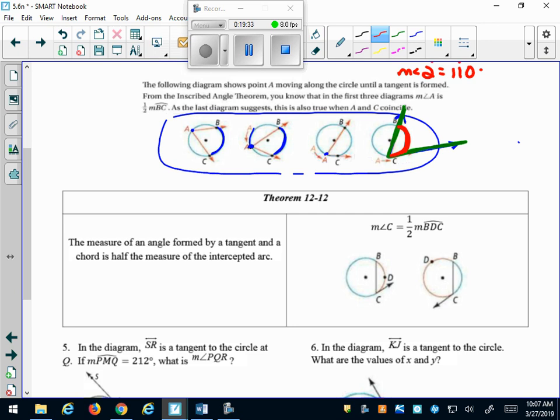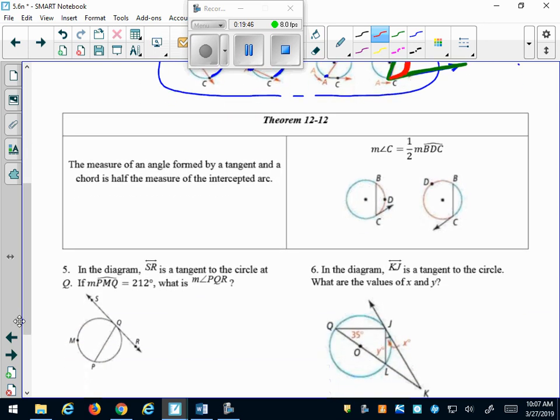He can open his mouth 30 degrees and swallow an arc that's 60 degrees. So even in this situation where the vertex is still on the circle, but instead of two chords as the two sides, where the two sides go through the circle, it's one chord and one tangent.